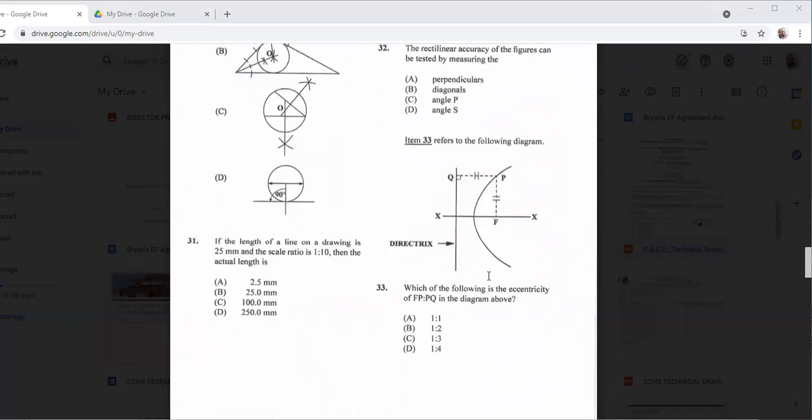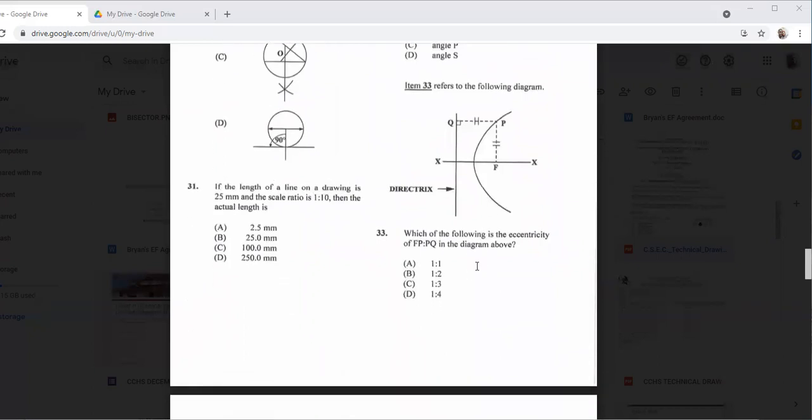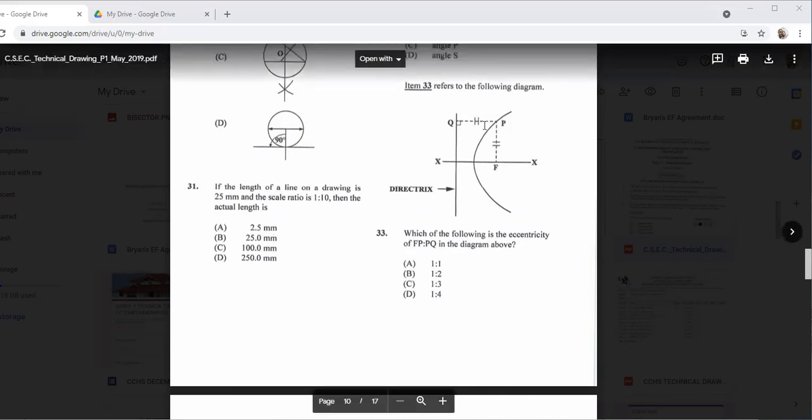Which of the following is eccentricity if FP equals PQ? This symbol means that what is here is also equal to here.